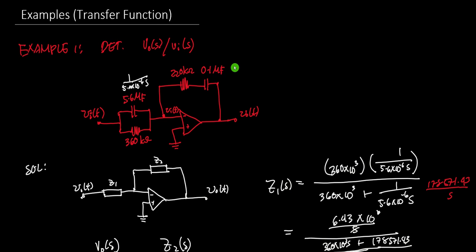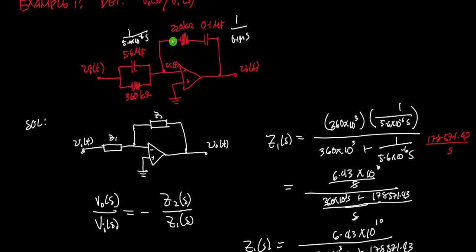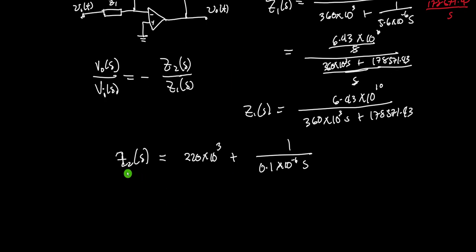Again, this is a capacitance, so this is 1 over 0.1 microfarad times S. We add that one because they're in series. This is 1 over 0.1 times 10 to the negative 6 times S. Here, we just add the two to solve for Z2.